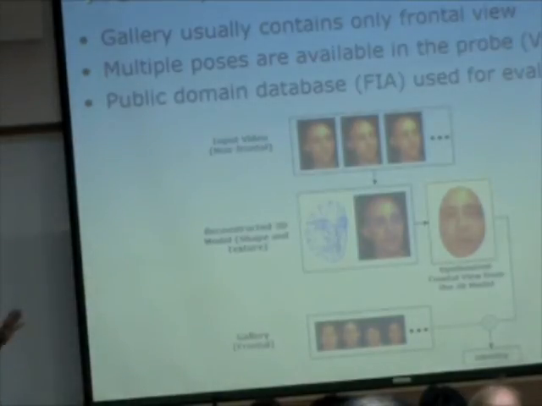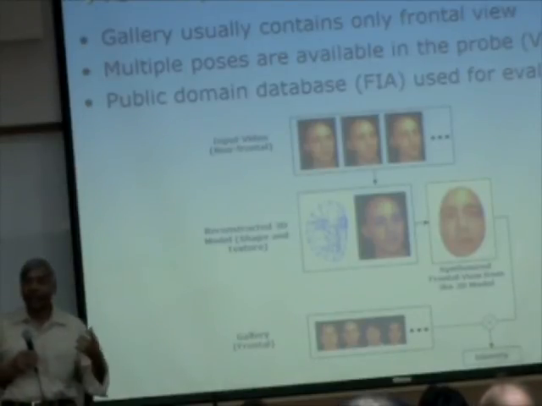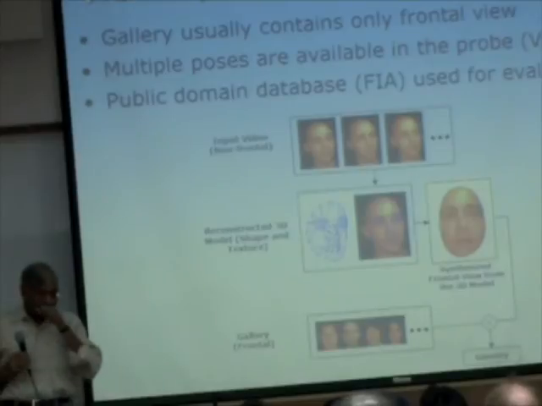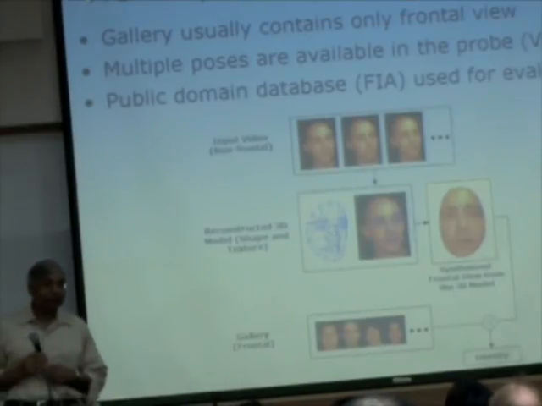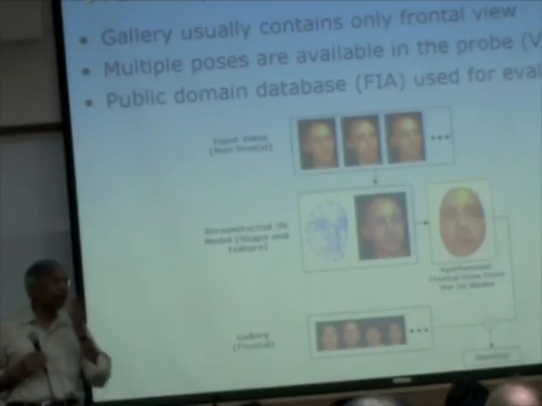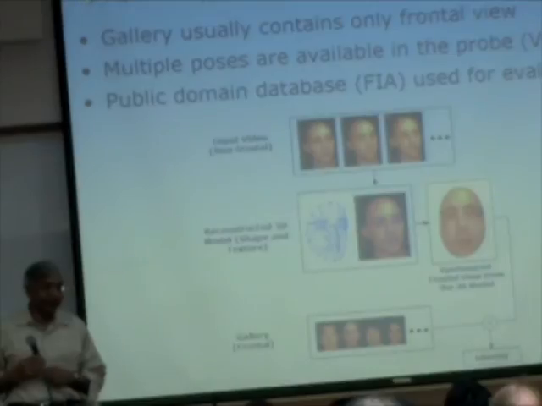So here is the way we do the view synthesis. Typically, there are two terms used in face recognition, gallery and probe. By gallery, we mean the database. And in the gallery, typically you have the frontal pose of the person enrolled in the database.